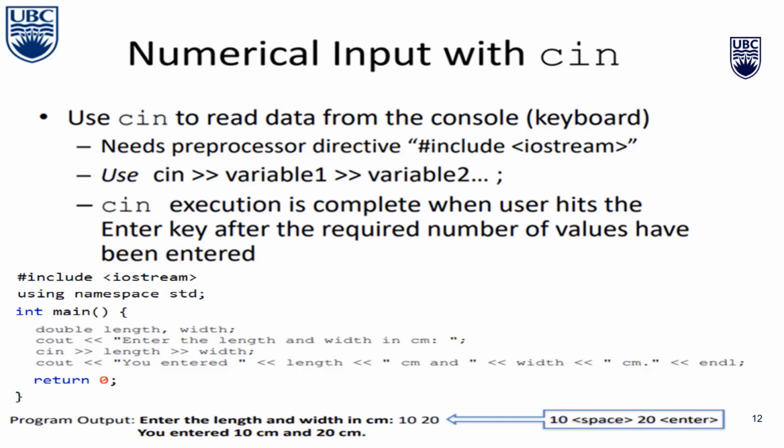So we will use the cout object. You entered here, your program will print the value of length, which is 10, and the value of width, which is 20. And after that, we use return 0 to terminate our program. Don't forget again, use the semicolon at the end of each statement.